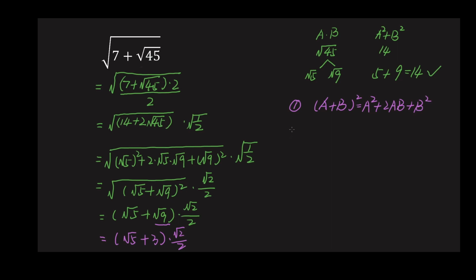The second one is the square root of something is greater than or equal to 0. And the third one is every term in the expression needs to be fully simplified.